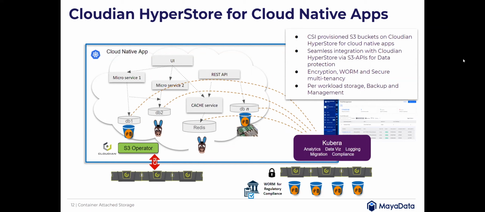And if you have an existing Cloudian appliance, you can expand the use cases by using your existing Cloudian appliance as a backup target for cloud native applications. And now I'll pass the microphone to you, Sanjay, and thanks for joining us today.